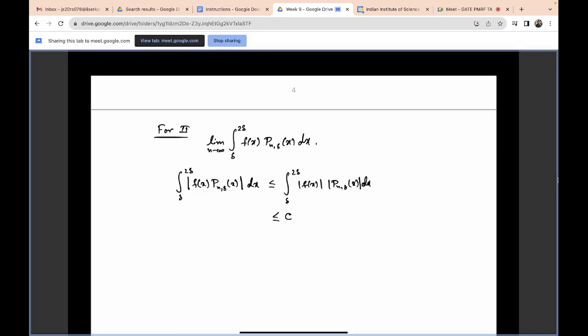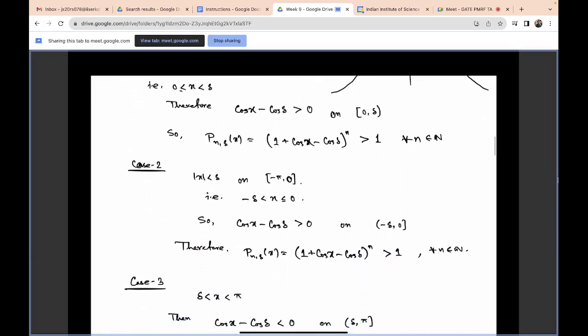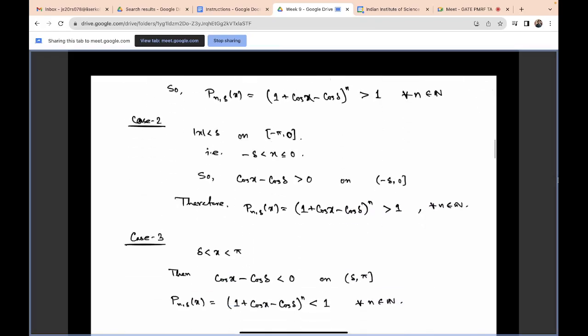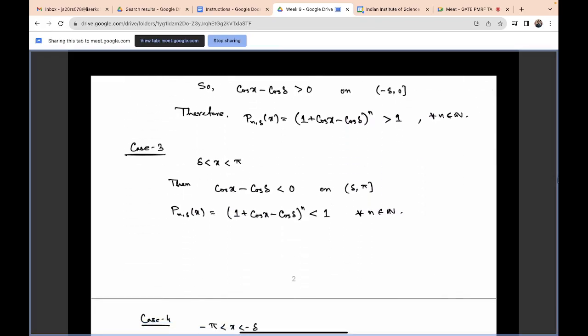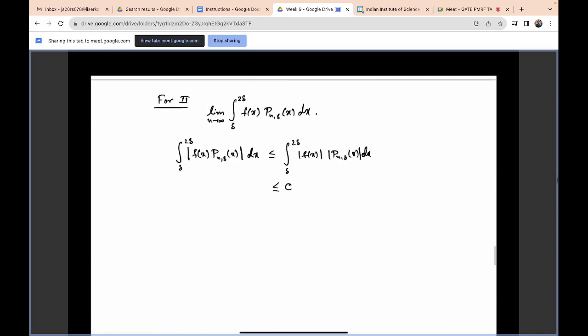And what is P_n,delta? For x from delta to 2 delta, which case is it? This one, right? Case 3. Here P_n,delta is less than 1. So use this one, and then the integral becomes the integral from delta to 2 delta of dx.